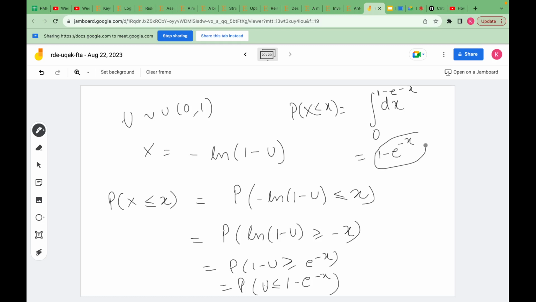This can be seen as 1 minus e to the power minus lambda x, so here lambda is 1. So this is an exponential distribution with parameter 1.